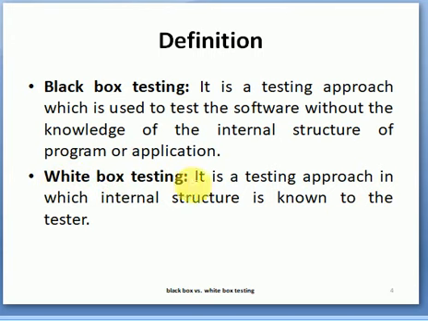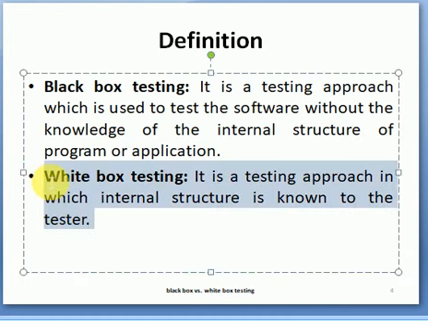Now comes to the white box. White box, sometimes called transparent box testing. It is a testing approach. You can say it is a testing method in which internal structure is known to the tester. Okay.